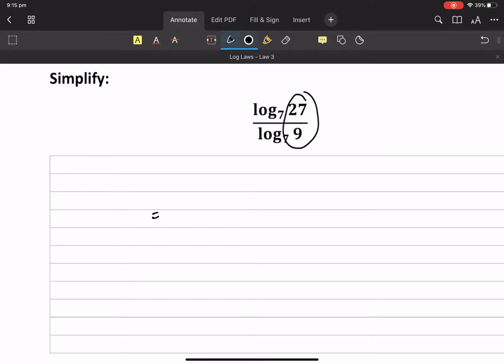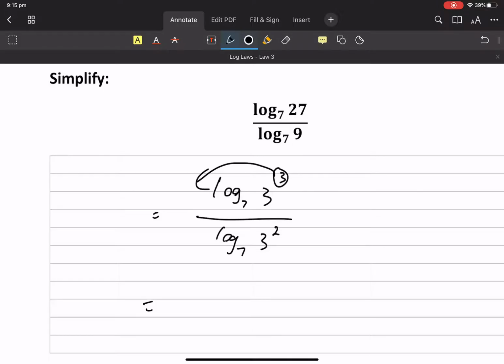Can you see 9 and 27? What number comes to mind? Hopefully you say 3, because 3 squared is 9 and 3 cubed is 27. I can take that 3 and I can take that 2.